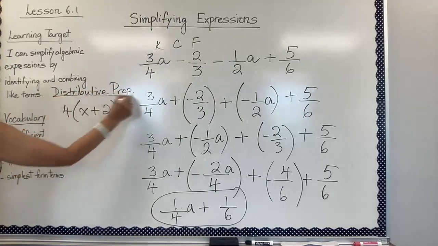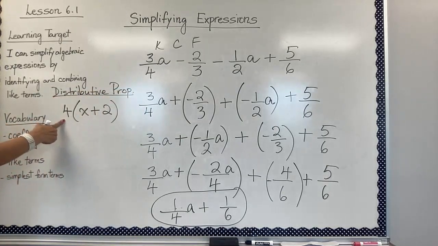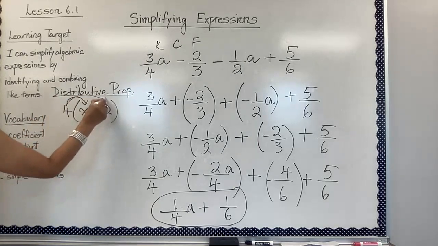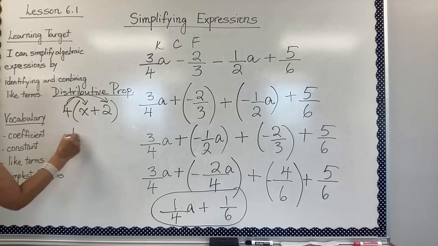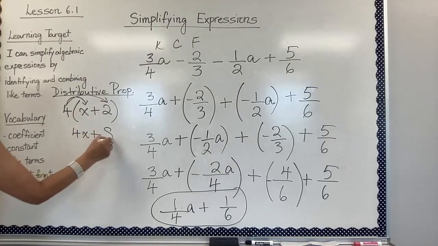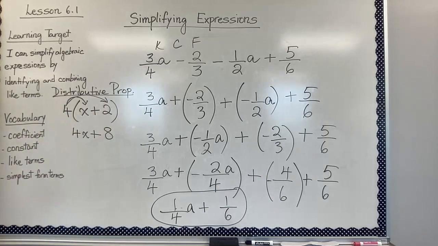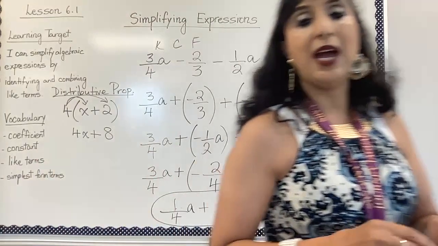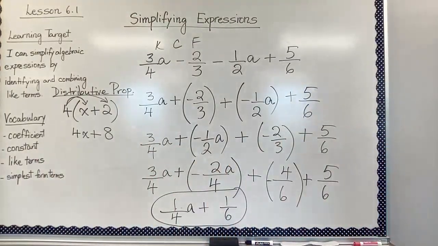I am taking each term outside the parentheses and multiplying it with each term inside the parentheses. 4 times x is 4x. We bring the plus down. 4 times 2 is 8. Okay, so that's basically what the distributive property is. And we are now going to use this in order to solve problems to expand linear expressions.